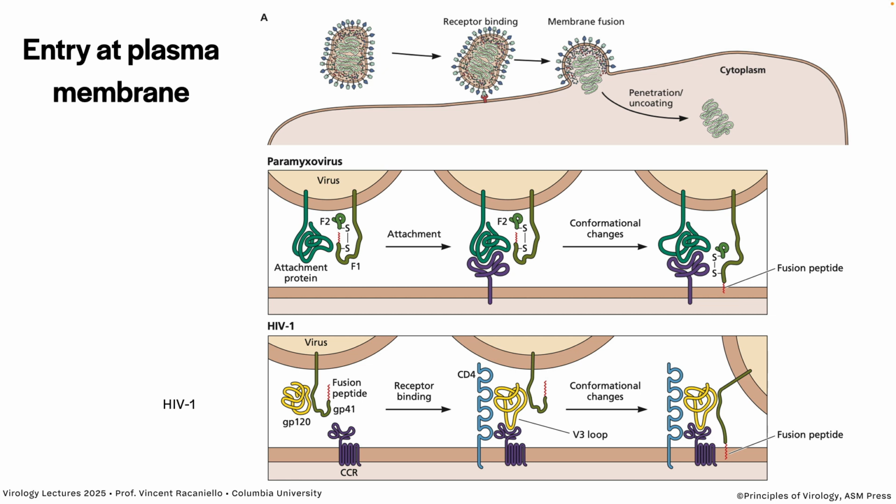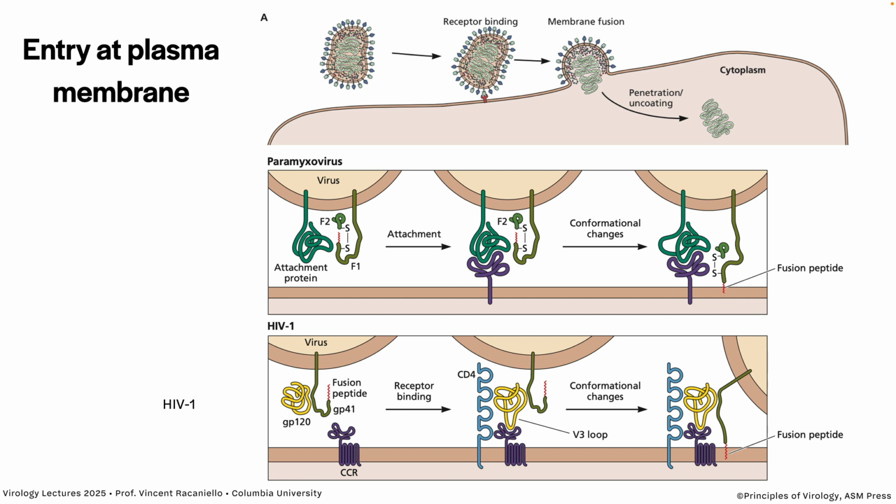That causes a conformational change in the viral glycoprotein, which now enables it to engage a second receptor, like a chemokine receptor here in purple. And then when that's done, the fusion protein flips around and sticks into the cell membrane, and that will bring it close together so that it can fuse.